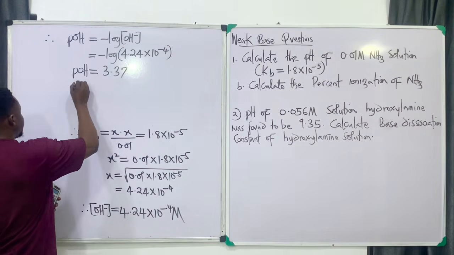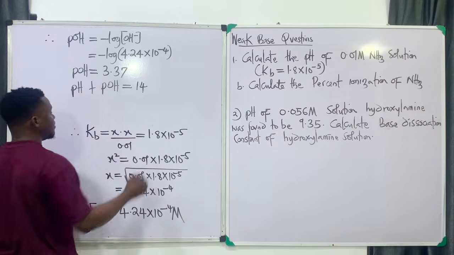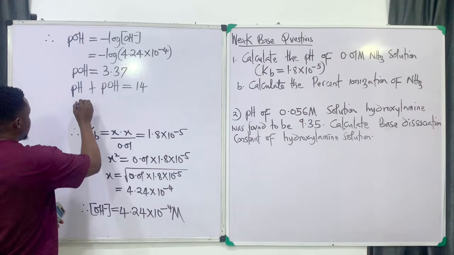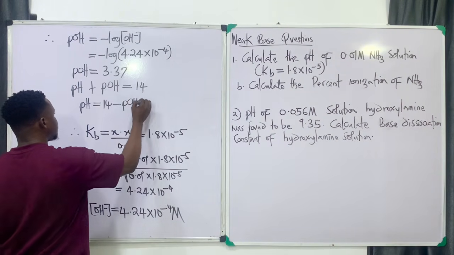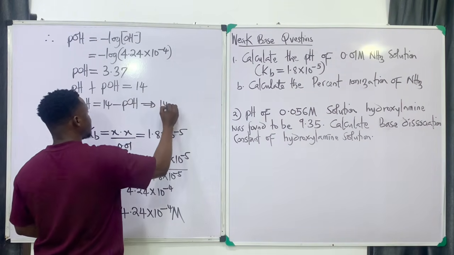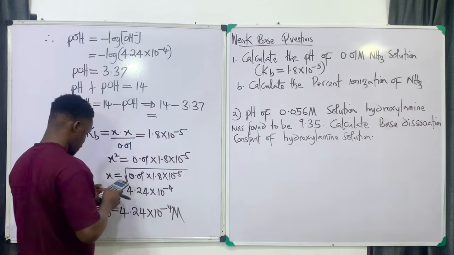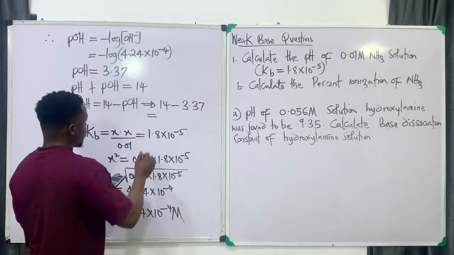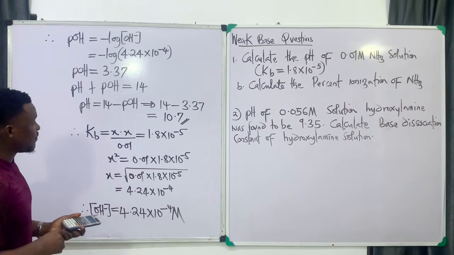So we now say pH plus pOH equals 14. Alright, so pH equals 14 minus pOH, which is 14 minus... it is 10.7. So that is the answer for that pH.